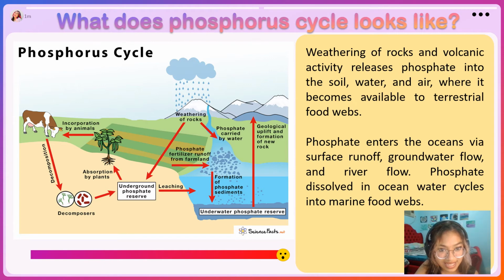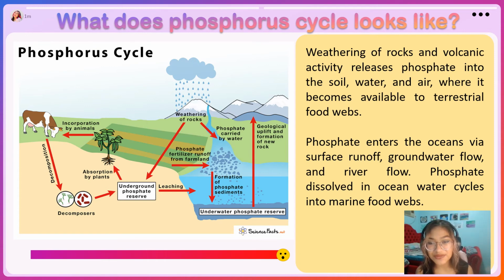We can see the underground phosphate reserve, then the absorption by plants, then incorporation by animals, then decomposers, then the underground phosphate reserve again, then leaching into the water and geological uplift. Then it may become rocks, then weathering of rocks, and the cycle continues.